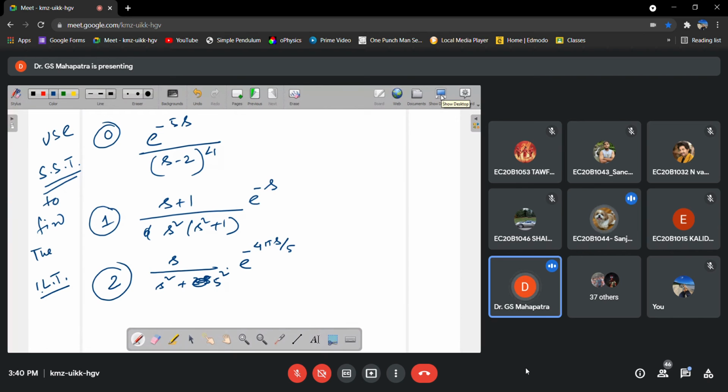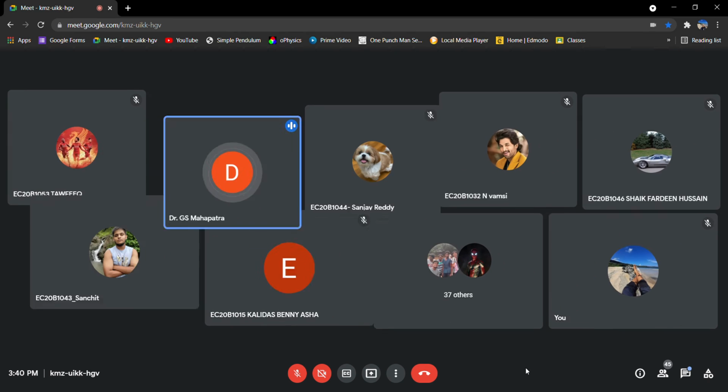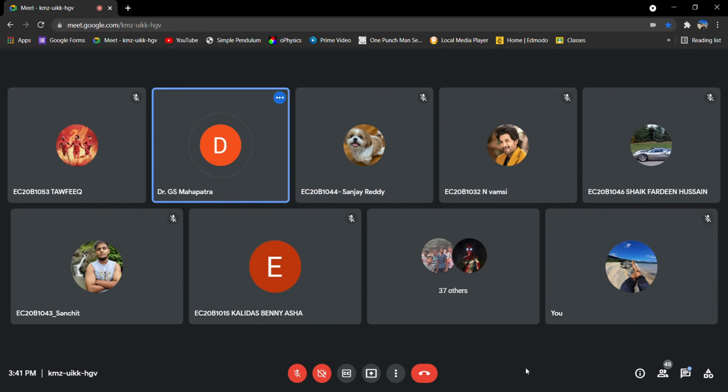People should write all of 0, 1, 2, but choose only the one defined for you by dividing your roll number by 3. I'm going to check on my desktop only. Whoever comes first, go first.